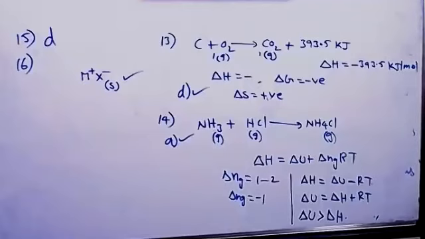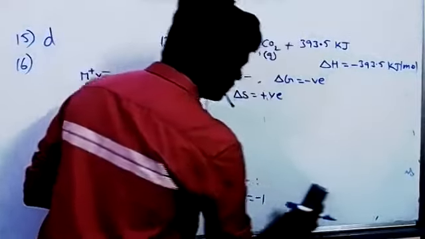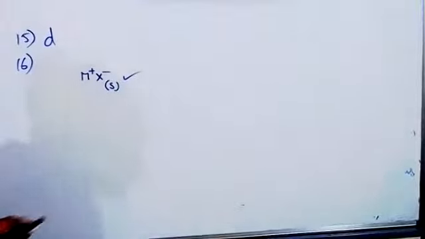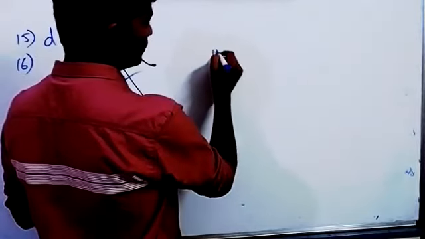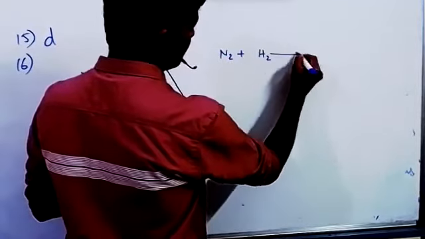17. The enthalpy of formation of ammonia is minus 46 kilojoule per mole. The enthalpy change for the reaction... See, enthalpy of formation of ammonia: N2 plus H2 gives rise to NH3.